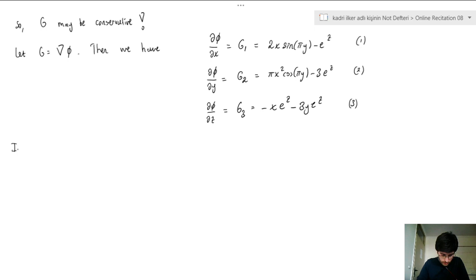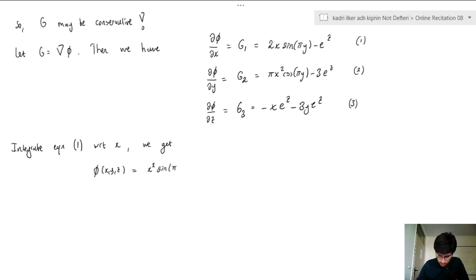So integrate equation 1, right, with respect to what? With respect to x, of course, right? Then let's see what we get. Actually, you can easily get the general form of this function or possible candidate, which is this. Just integrate with respect to x.